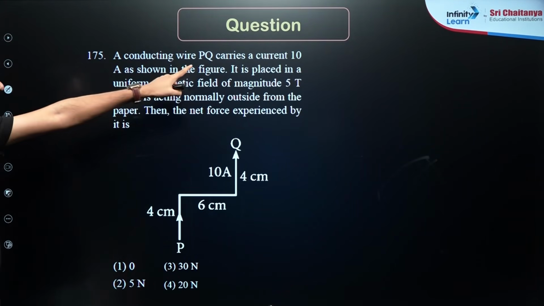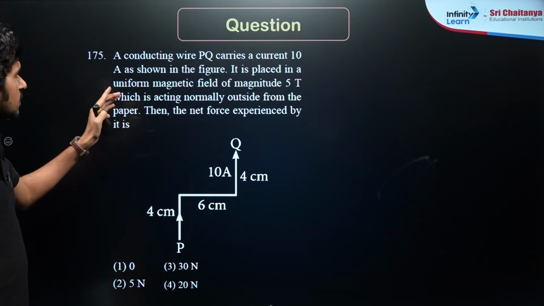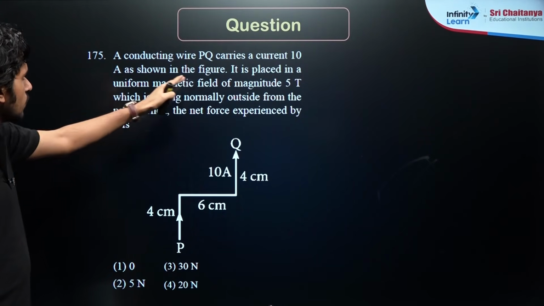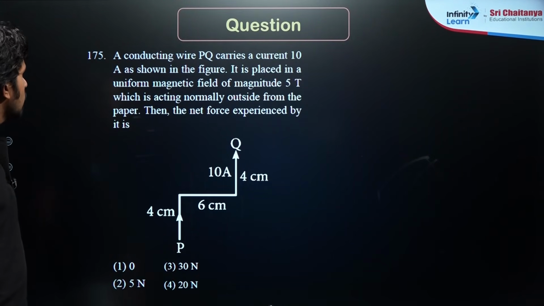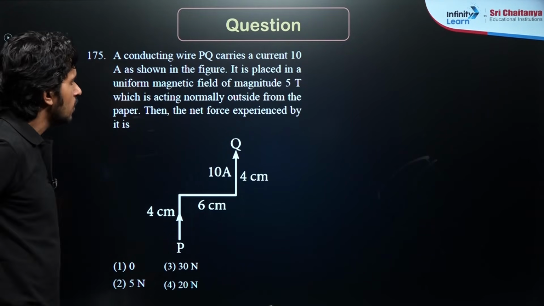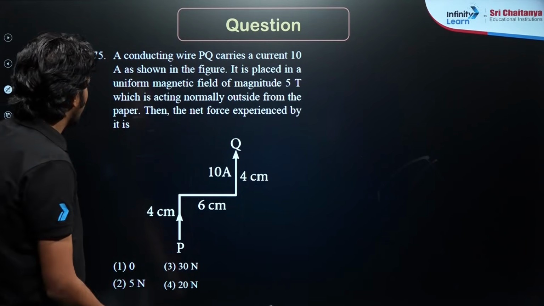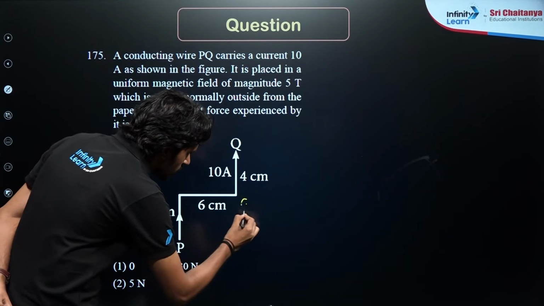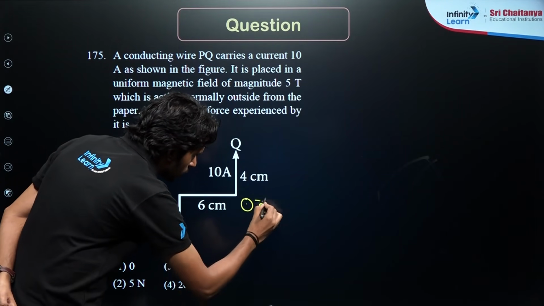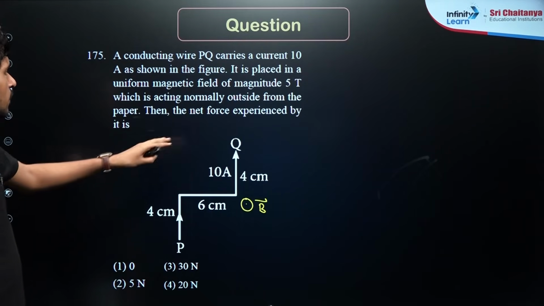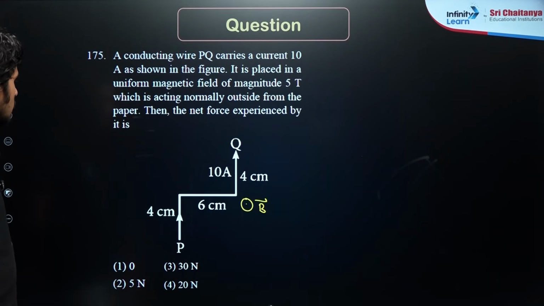Then we have next problem. A conducting wire PQ carries a current 10 ampere as shown in the figure. It is placed in a uniform magnetic field of magnitude 5 Tesla, which is acting normally outside from the paper. So this is the direction of magnetic field. Okay. The net force experienced by it.